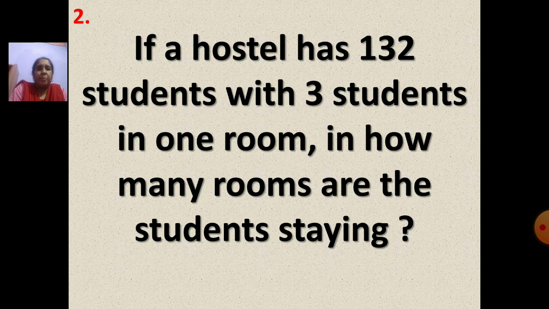Now, the second word problem. If a hostel has 132 students with 3 students in one room, in how many rooms are the students staying? So here also first you have to write the statement, then do the working. Seeing the question, you have to make the statement. What will be the first statement?